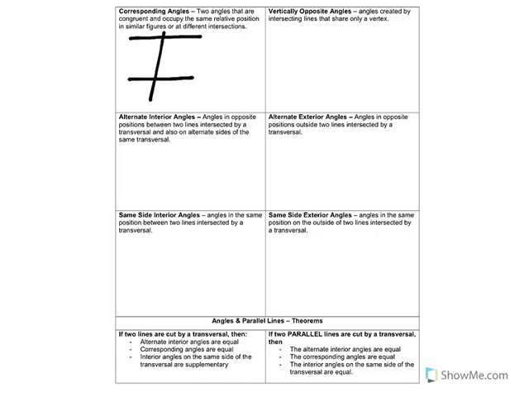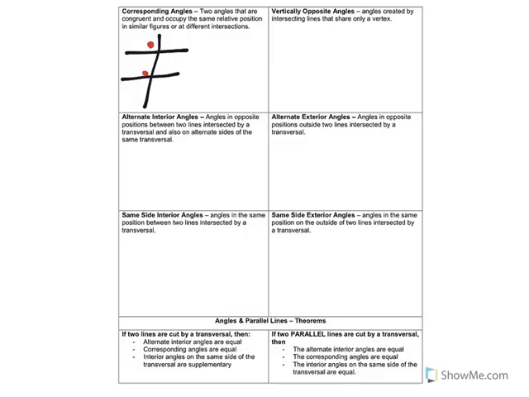So the first one is corresponding angles, and I like to think of them as being in the same location. So if I said this one is in the top left-hand corner, it's the same as this angle right here. And they're equal because they're corresponding. So let's label this actually. 1, 2, 3, 4.